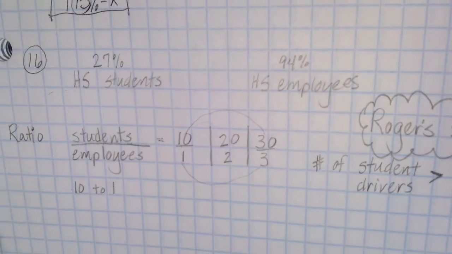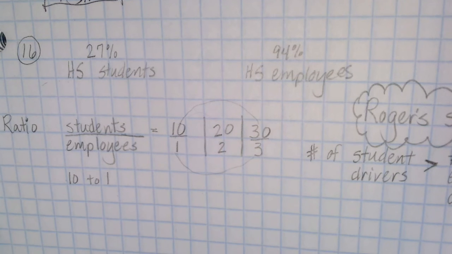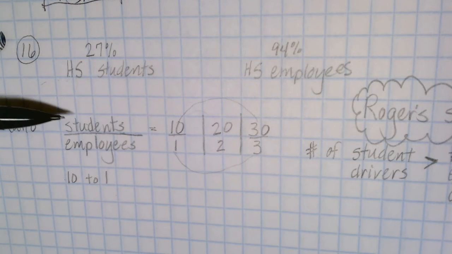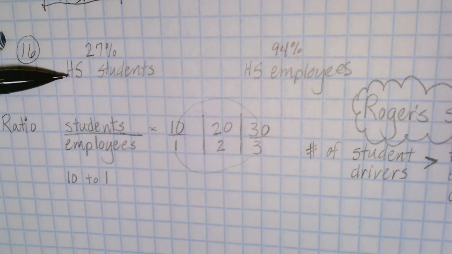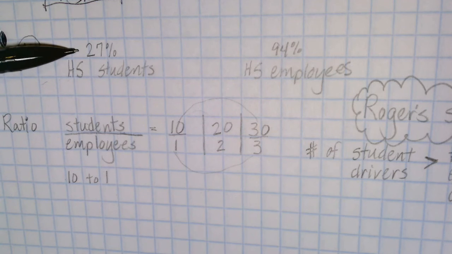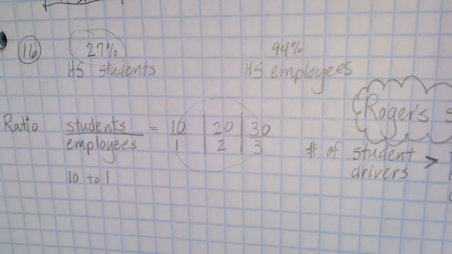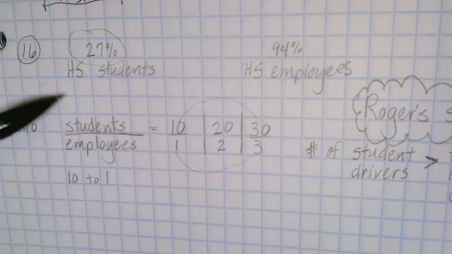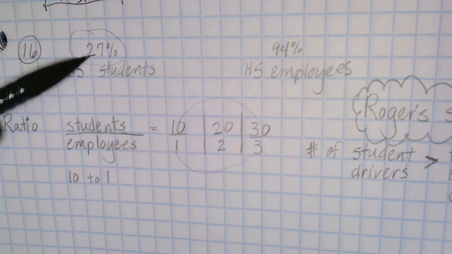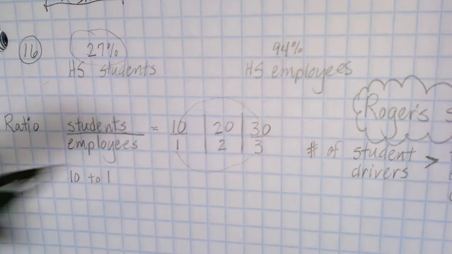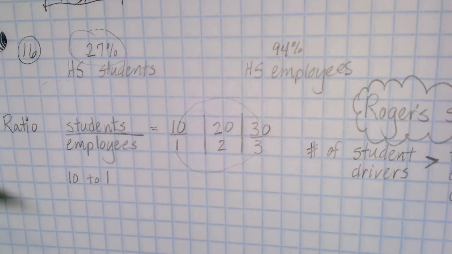Looking back at the information about students and employees that we have, it's a little counterintuitive. In other words, it might be confusing, it might not make sense initially for Roger to say that, because look at the percentage of high school students that are driving. It's much less than the percentage of employees that are driving.